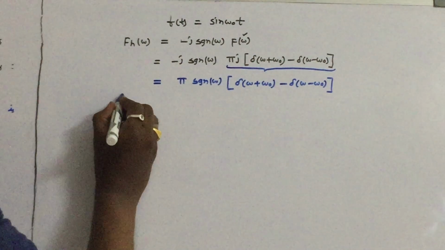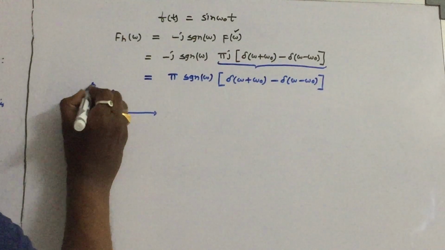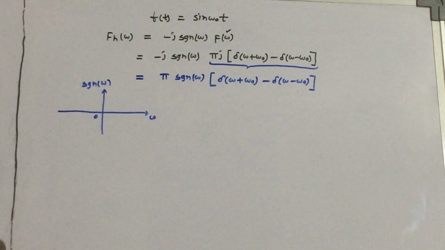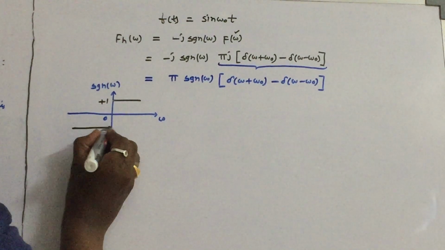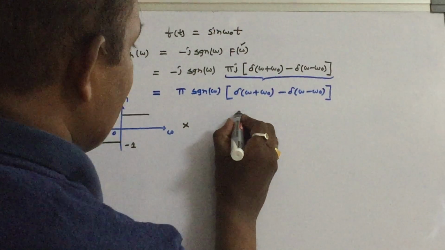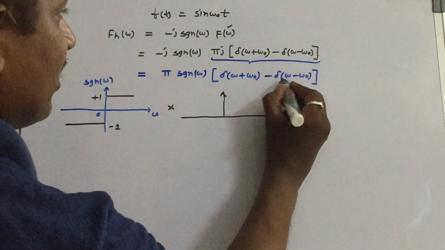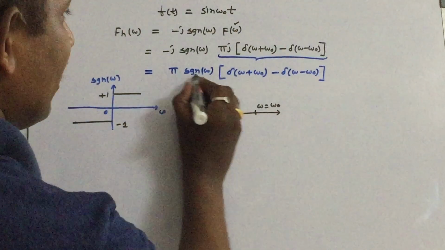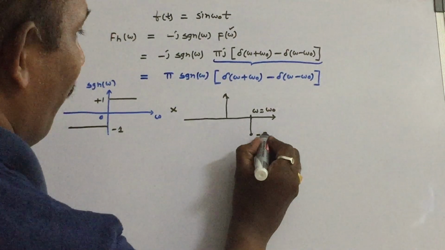If you multiply, you know the signum of omega is plus 1 for positive frequencies and minus 1 for negative frequencies. We are multiplying it with the impulses, so let us see where these impulses exist. At omega equal to omega 0, the amplitude is minus pi.